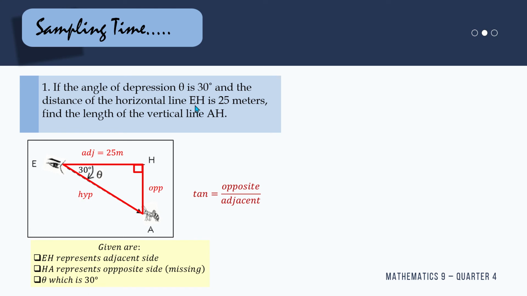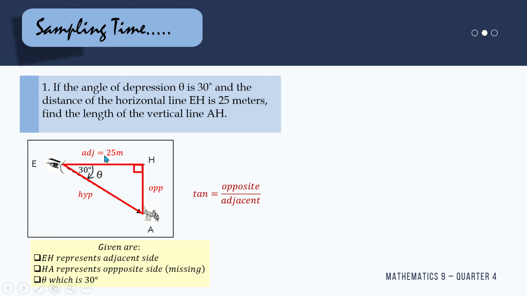If cosine function, cosine is equivalent to adjacent over hypotenuse. So, kung magamit ta cosine function, cosine of 30 degrees is equivalent to adjacent, 25 meters, over hypotenuse. So it's either we'll make use of the cosine function or the tangent function.